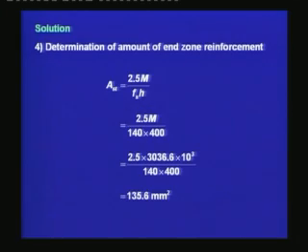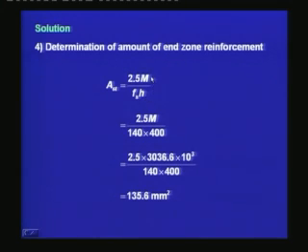Our fourth step is to determine the amount of end zone reinforcement. AST is given as 2.5 times M divided by Fs times H. Fs has been selected to be 140 Newton per millimeter square, and H is the total depth, which is 400 millimeters.